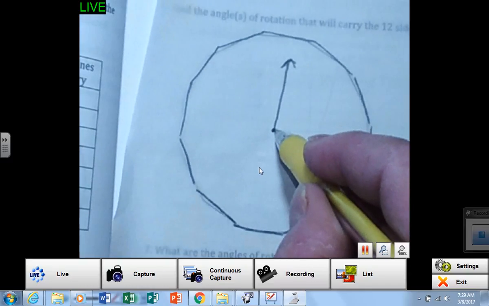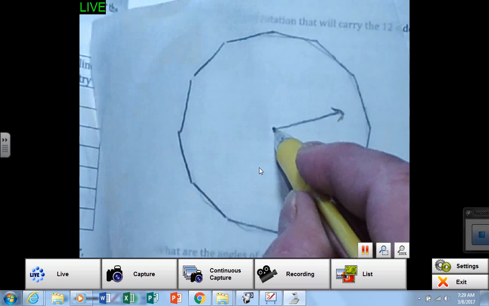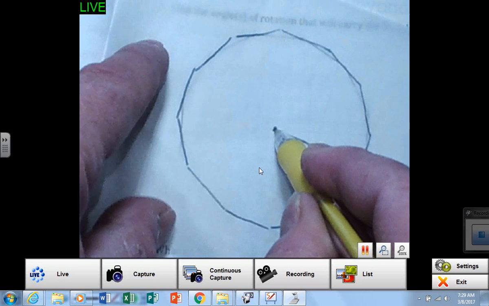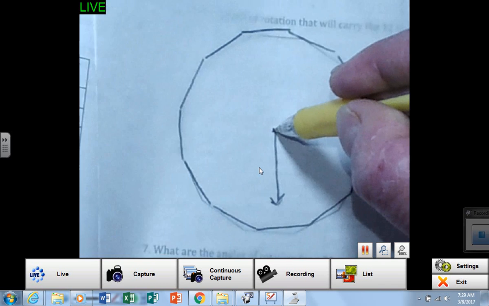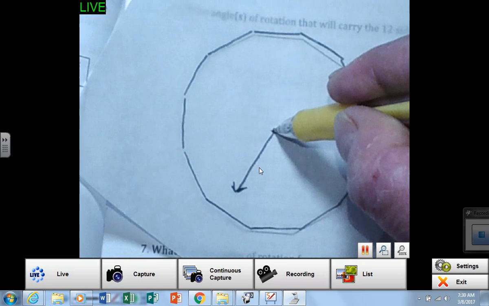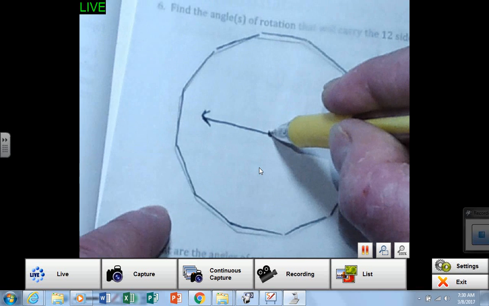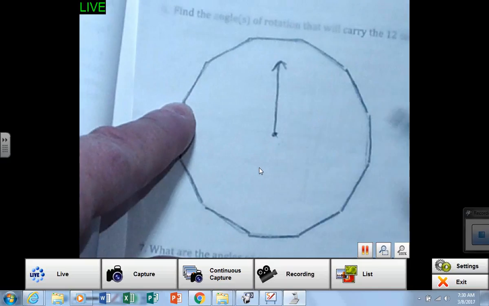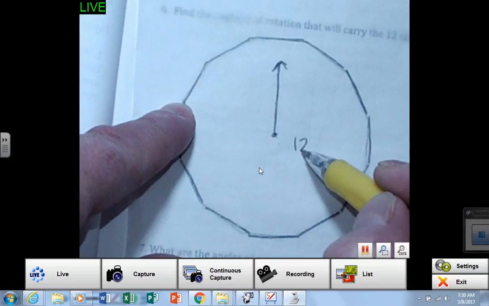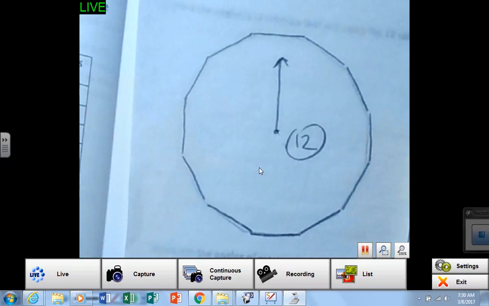Order. 1 on itself. 2 on itself. 3, 4, 5, 6, 7, 8, 9, 10, 11, 12. The order of rotation is 12. It touched itself or covered itself 12 times in one full 360 rotation.